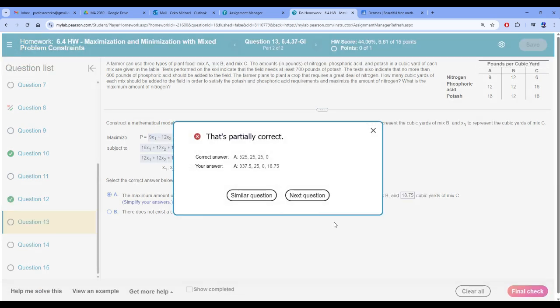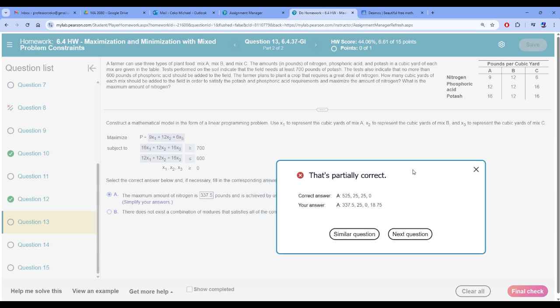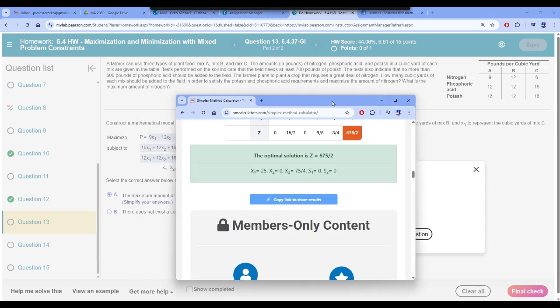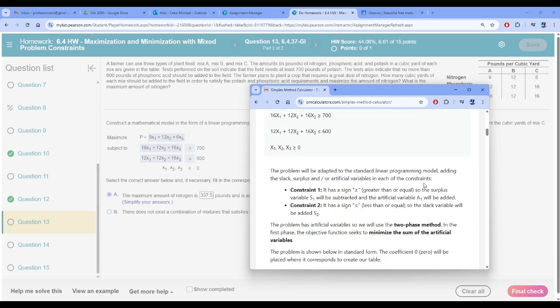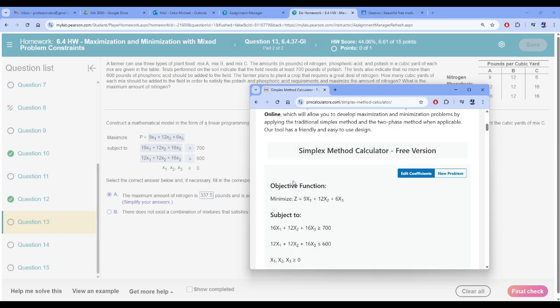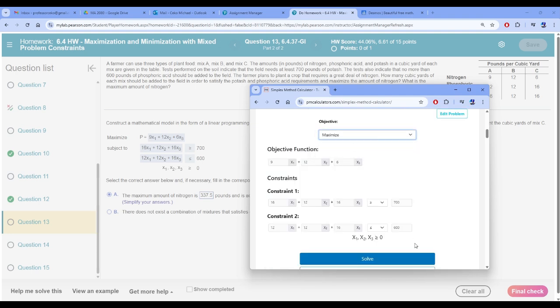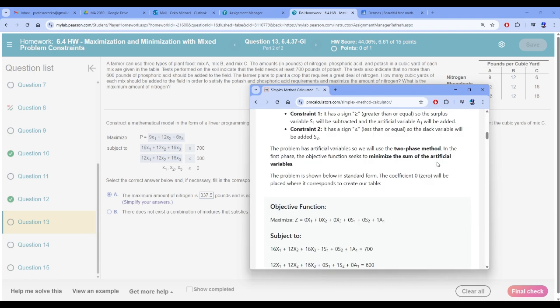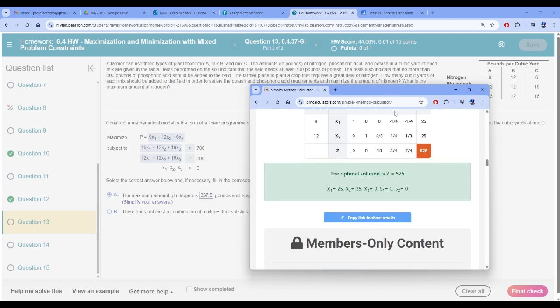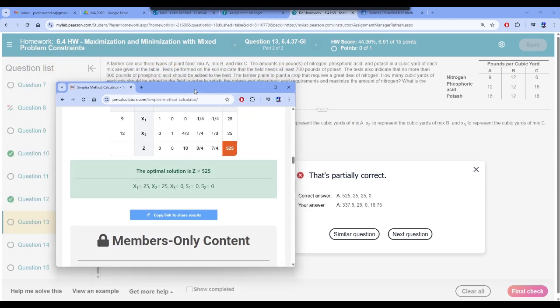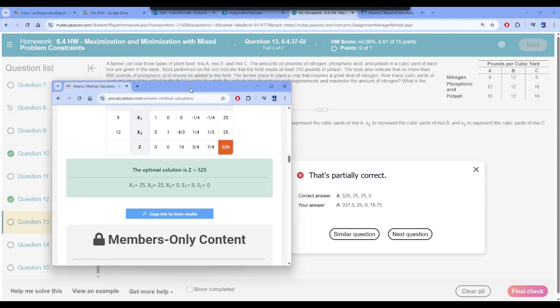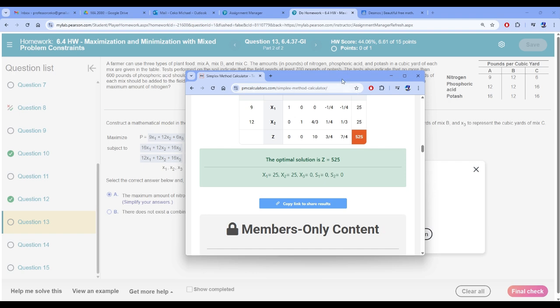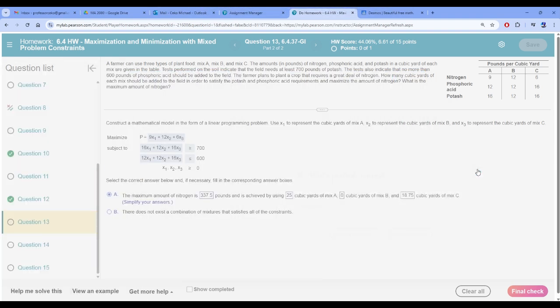Is my number just off? Whoa, I'm way off. Where did I mess up? Did I type something wrong? Minimize. Oh, maximize. Yeah. That's annoying. 525. 25, 25, 0. Oh, there it is. Showed you. Told you. Alright, I got that one.